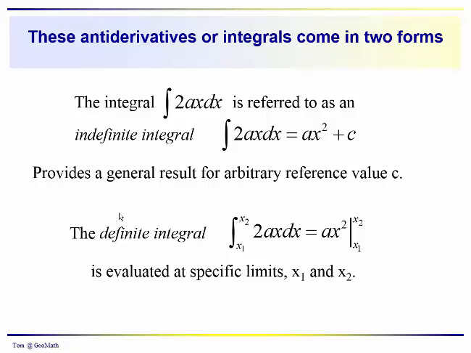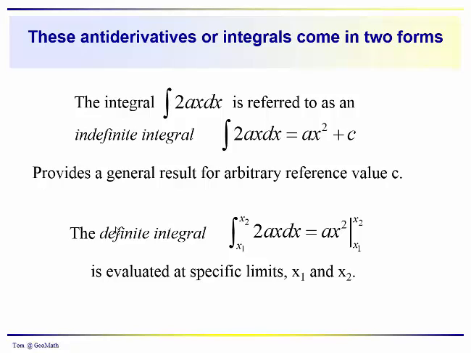And then the two flavors: we get the indefinite integral, and we get the definite integral. And the definite integral is definite because it's integrated over specific limits. So in this case, we have 2ax dx is equal to ax squared plus c. In this case, we have the ax squared, but we're going to evaluate it at the limits x2 and x1.